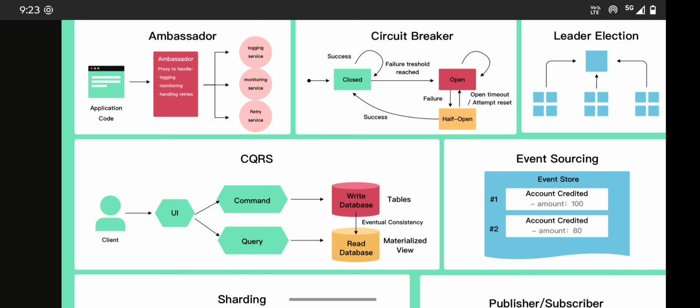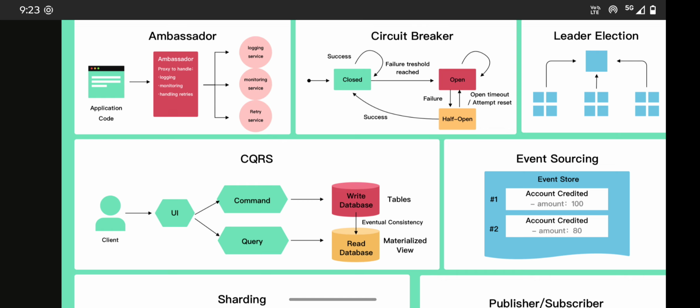You can look at your CPU cores, memory usage, and CPU usage. You can see the metrics, of course health metrics, server metrics, and performance related metrics. You can watch all those things using this logging and monitoring mechanism.